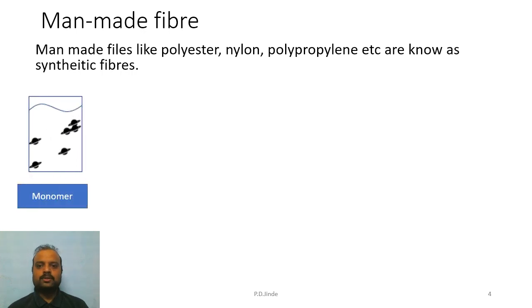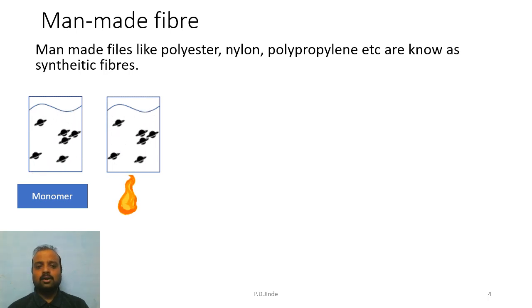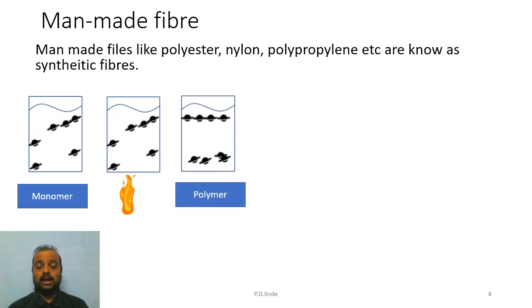These monomers are converted into a polymer through a polymerization reaction and polymerization method that we already learned earlier. In our example, if we apply heat along with certain additives, then the liquid monomer, which earlier was having a lower viscosity, is now converted into a polymer with higher viscosity.